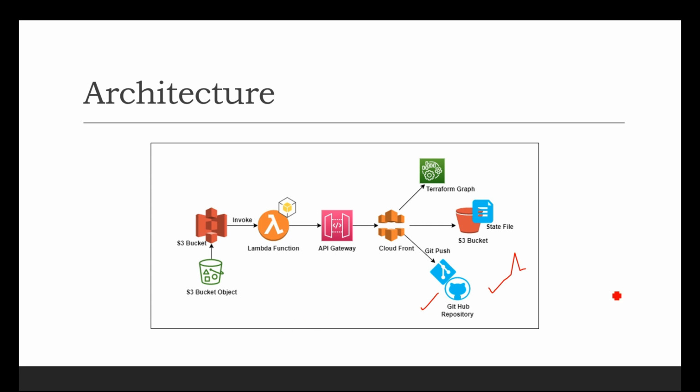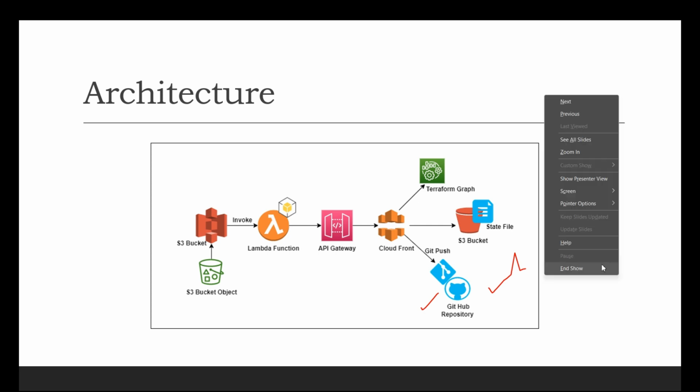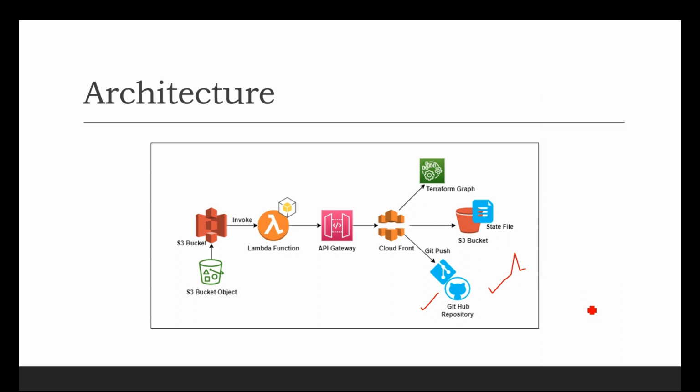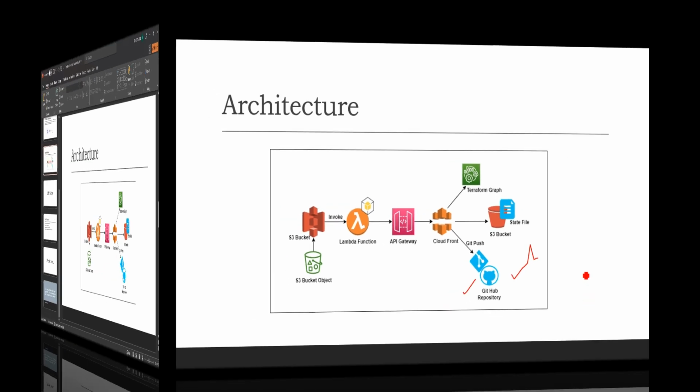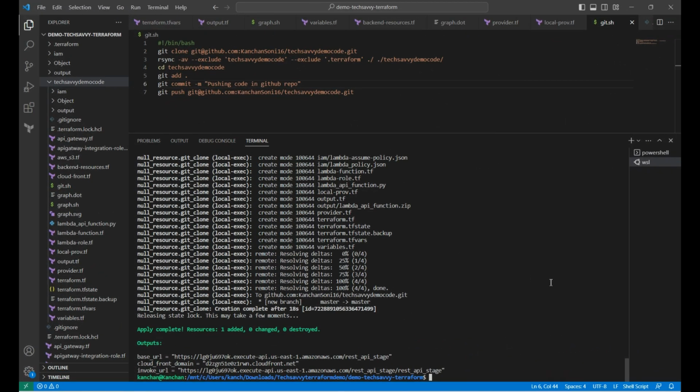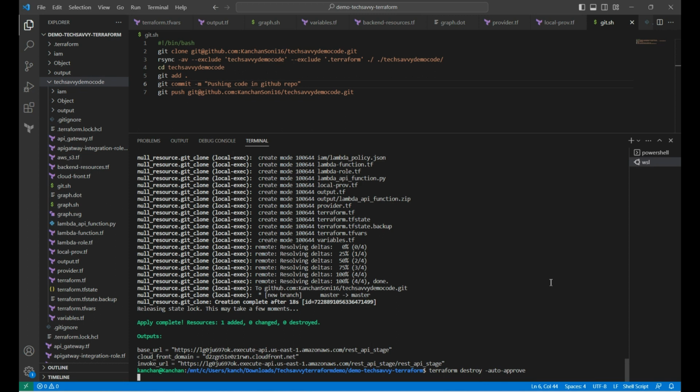Now as the next part, as we are done with the practical and we have executed it, as a best practice we should destroy the infrastructure if we are not using it. So just go and run the command terraform destroy auto approve, and it will destroy everything.